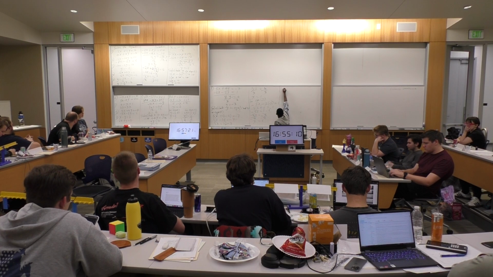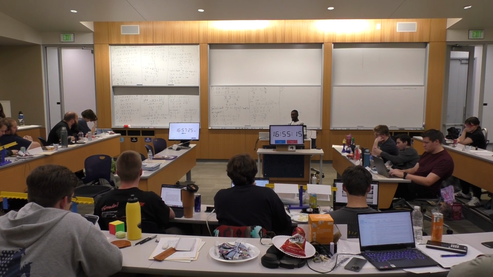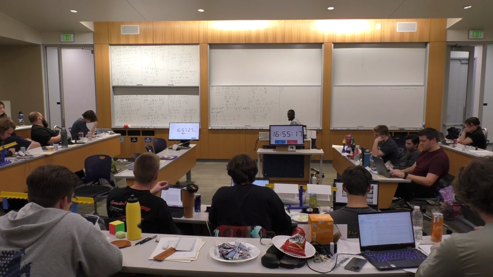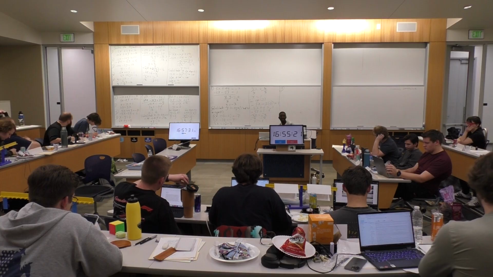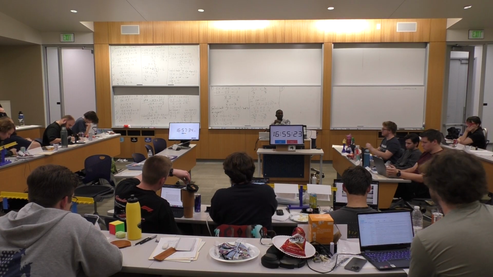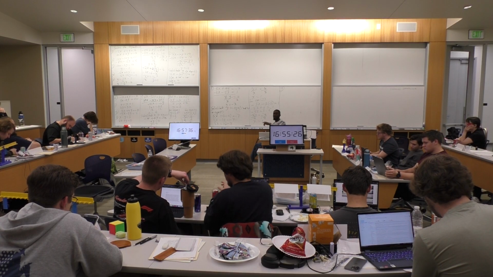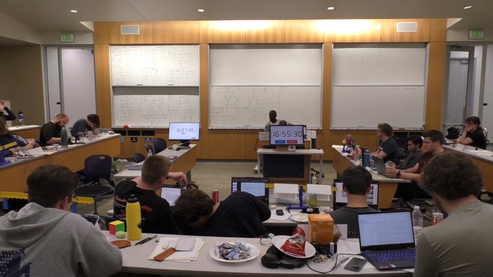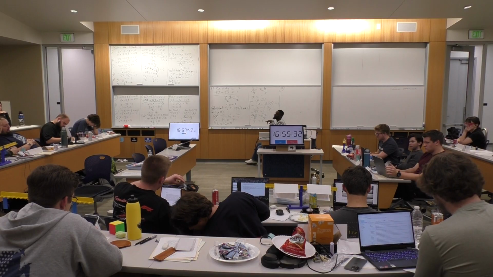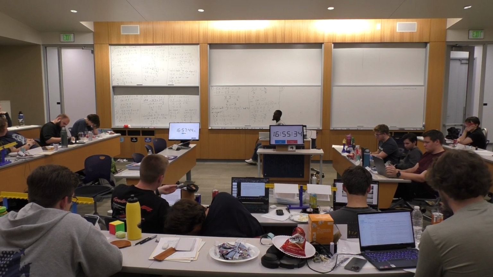So the next one is number 9. For number 9, I want us to attempt this. This is the last one before we go over to the next method, which is the substitution method for solving simultaneous equations.